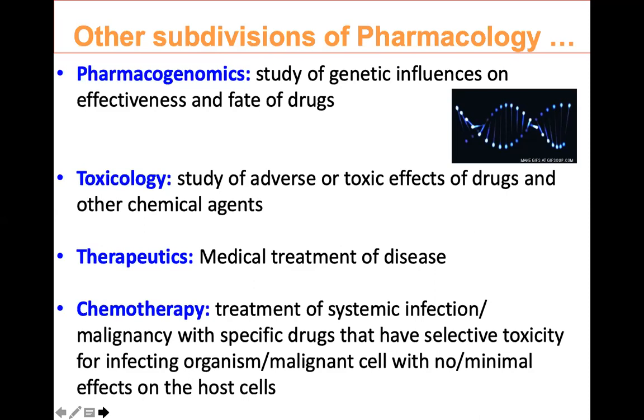There may be certain genetic differences. No two persons are completely identical; there are genetic variations among people. This branch, genomics, studies what genetic differences produce different effects, fate, or metabolism of a drug. That branch is pharmacogenomics.